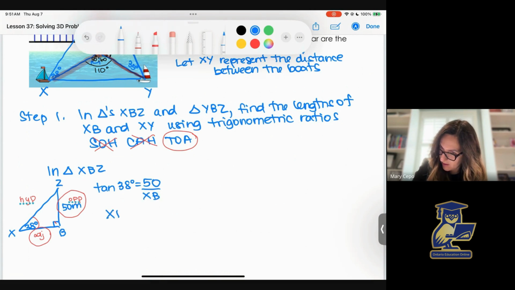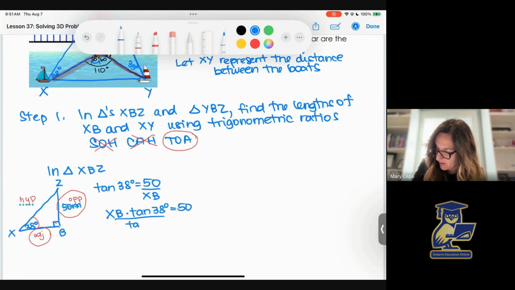So cross multiplying, XB times tan 38 is equal to 50. We need XB by itself. We're going to divide both sides by tan 38.